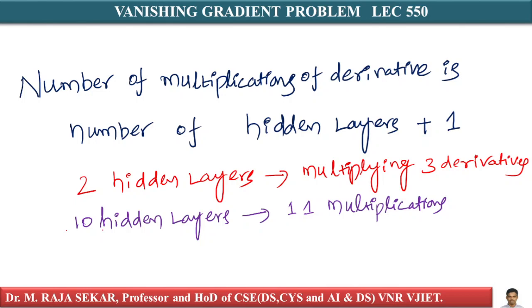If for just 3 multiplications I got a very small value, a value which is 10 power minus 3 in the simple example, for 10 layers I will get a very small value.